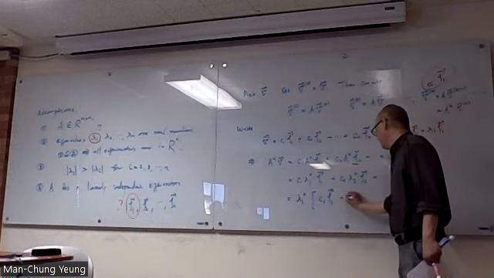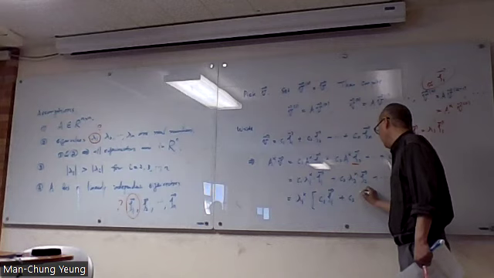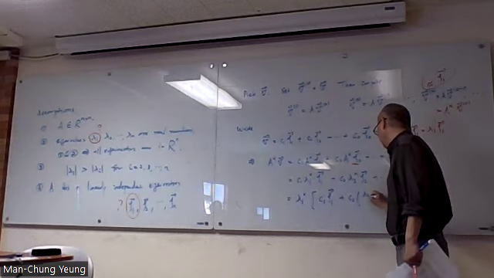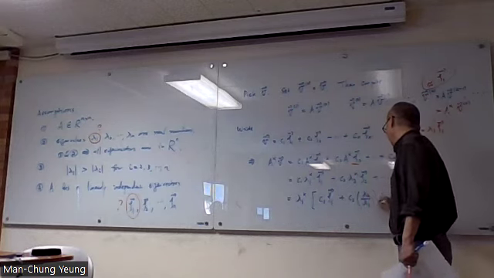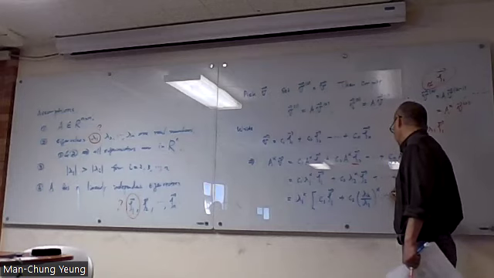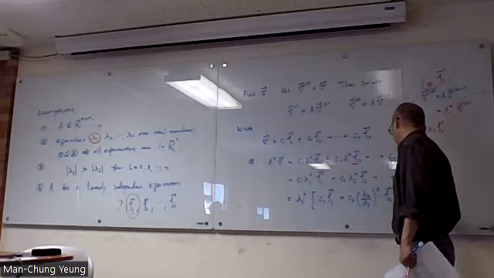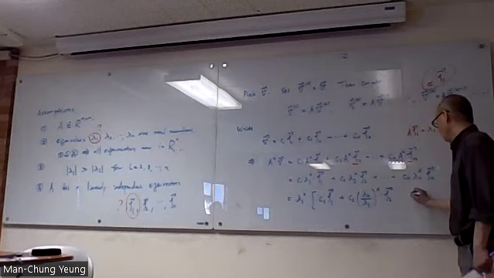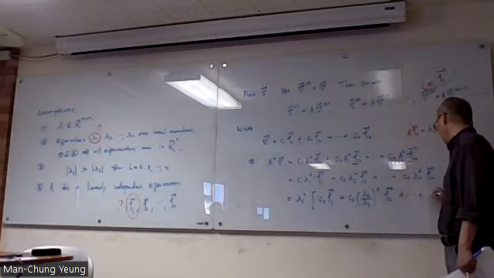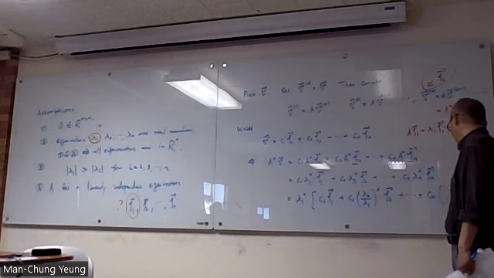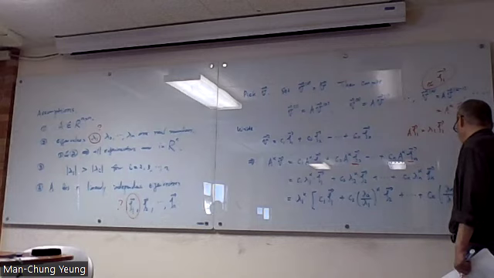Now the second term: c2, take lambda 1 out, lambda 2 over lambda 1 to the k times psi 2, and so on, plus cn, lambda n over lambda 1 to the k, psi n.